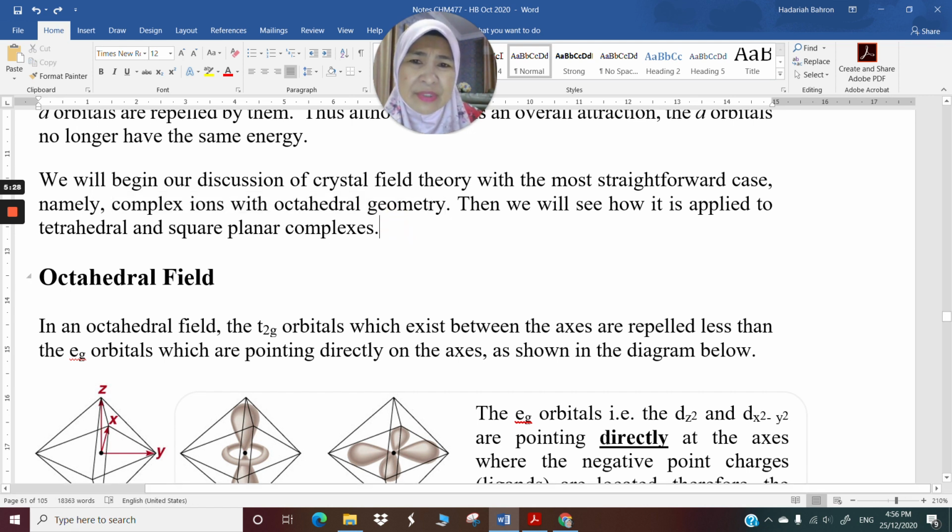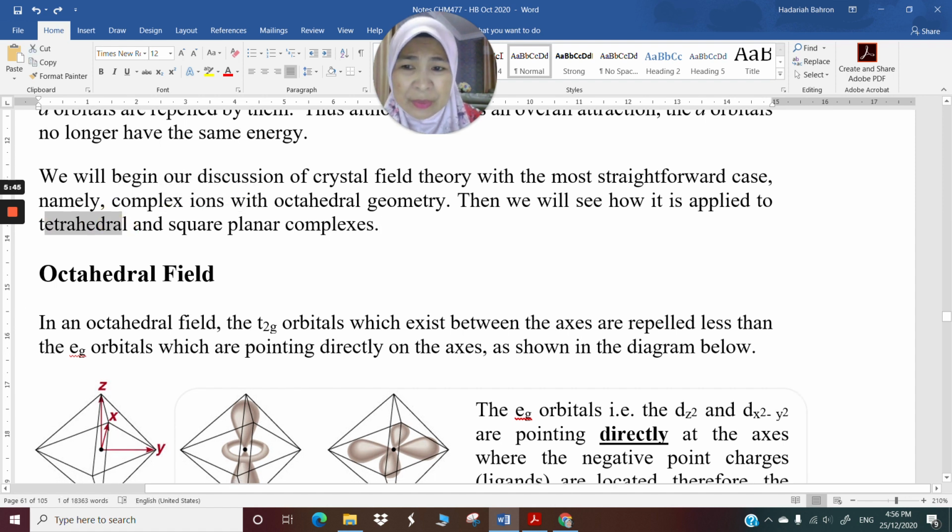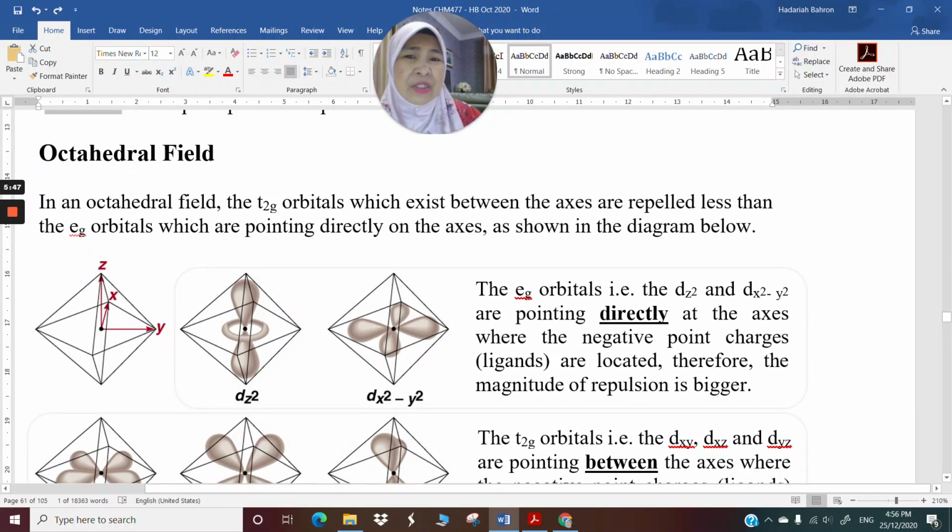Once you understand CFT for octahedral compounds, we will see how that can be applied to tetrahedral compounds and square planar compounds. Okay, let's start with the octahedral field.